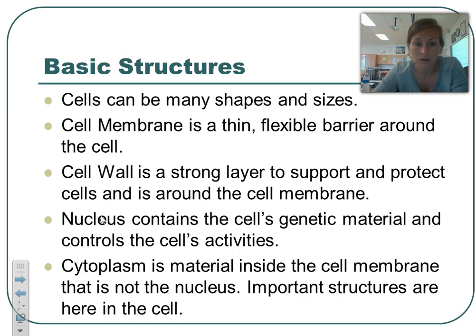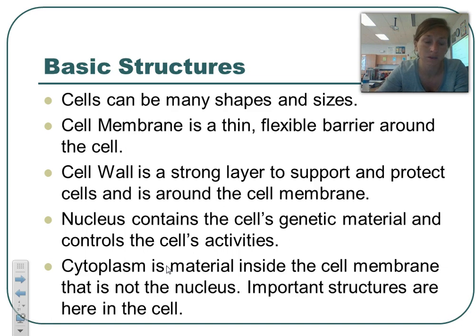The nucleus is where the cell holds its genetic material, or its DNA, and controls the cell's activities. And then the cytoplasm is a material inside the cell membrane that basically all the other structures, or organelles, are kind of suspended in. Like I said, all of these structures are the very basic structures that are in most cells, but not in all of them.